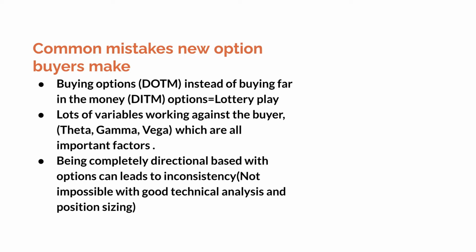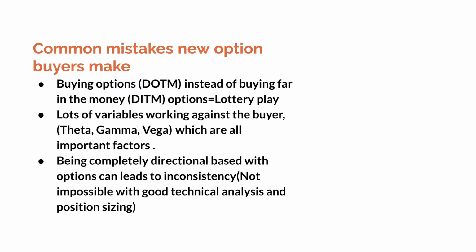So when you're buying options, you want to buy them deep in the money. The reason why you want to buy these options deep in the money is because they have a higher delta, and that delta is going to match up with each dollar move.